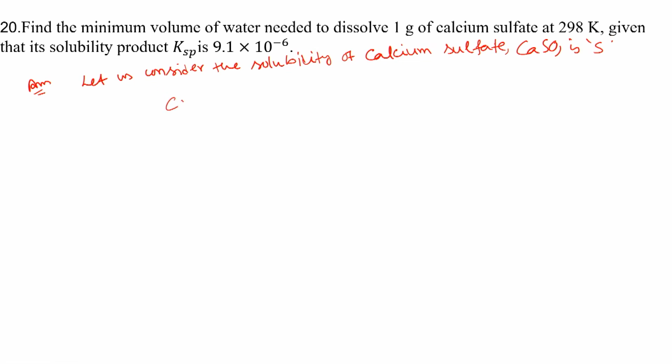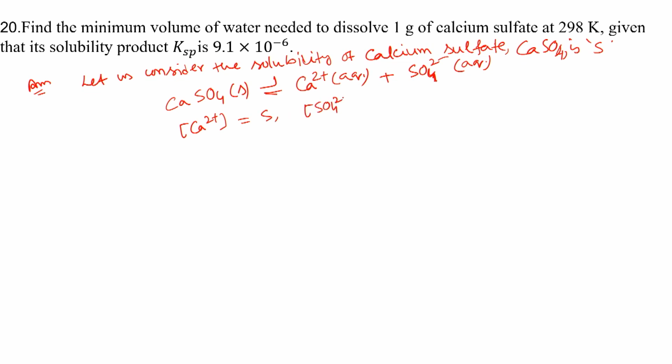Now the equilibrium is CaSO4 solid gives Ca2 plus aqueous plus SO4 2 minus aqueous. Since the solubility of CaSO4 is S, the concentration of Ca2 plus is S and the concentration of SO4 2 minus is also S.